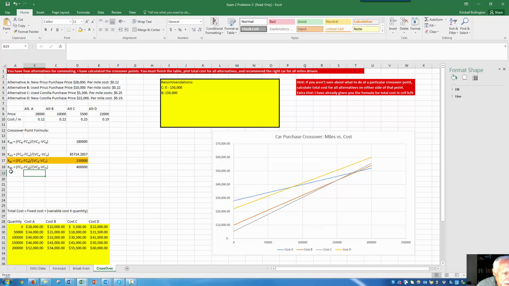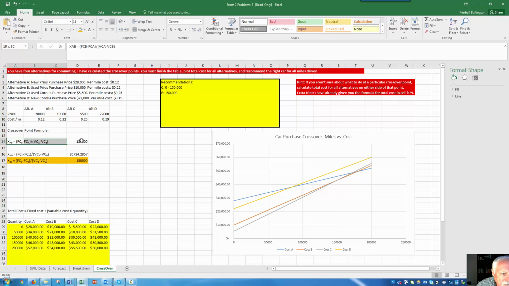Now I'm going to look at where B gets beat out by something else. It gets beat out by A at 180,000. It doesn't get beat out by D until 400,000, so that's not a factor, so we'll remove that one. Just turn it blank.